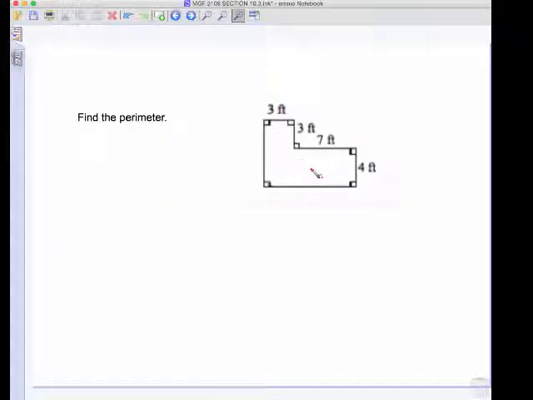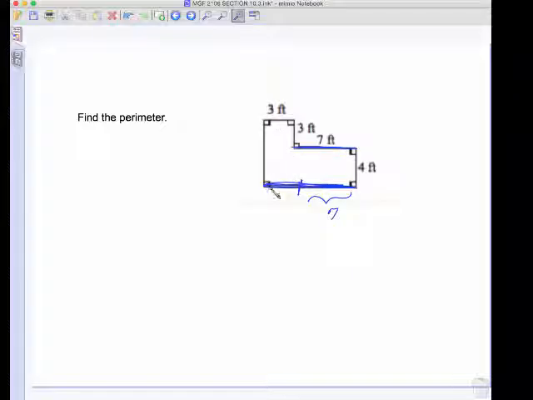Find this perimeter, a little bit more work involved. Perimeter is a distance around, so I would need to add up all of these sides. The problem is I don't have those 2 sides, but I have enough information to figure it out. I would like to find this whole side. Well, this is 7, which means up to here, this is 7.